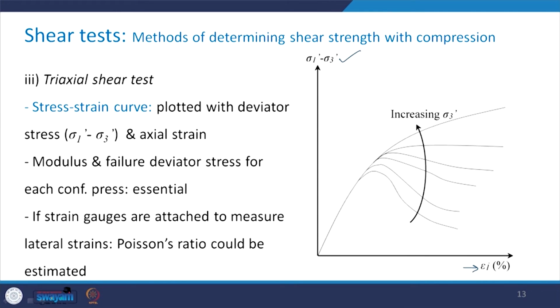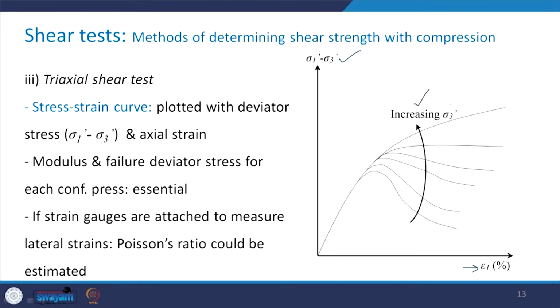And when we keep on increasing the value of sigma 3, you can see how the stress strain response of the same rock specimen changes when we increase the value of sigma 3 prime. So, the conclusion here is that the confining pressure significantly influences the shear strength characteristic of the rock specimen.